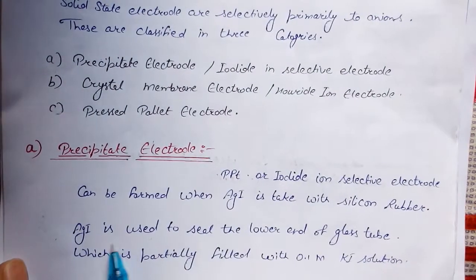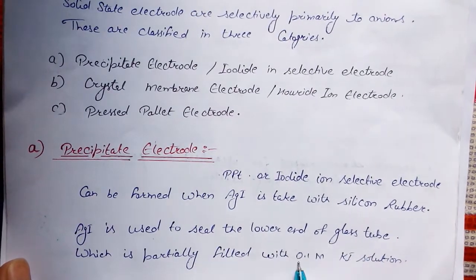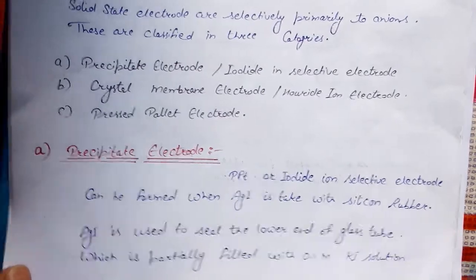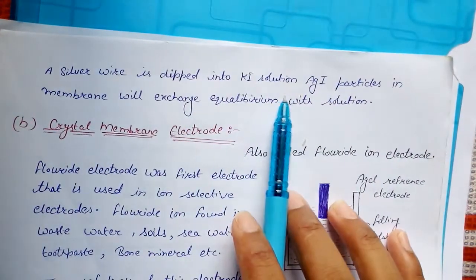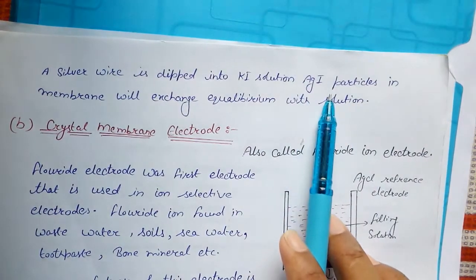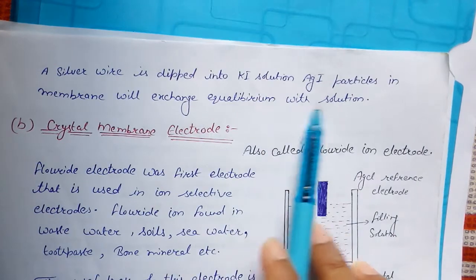Silver iodide is used to seal the lower end of a glass tube, which is partially filled with 0.1 molar potassium iodide solution. Then a silver wire is dipped into the potassium iodide solution, so that silver iodide particles in the membrane will exchange equilibrium with the solution.